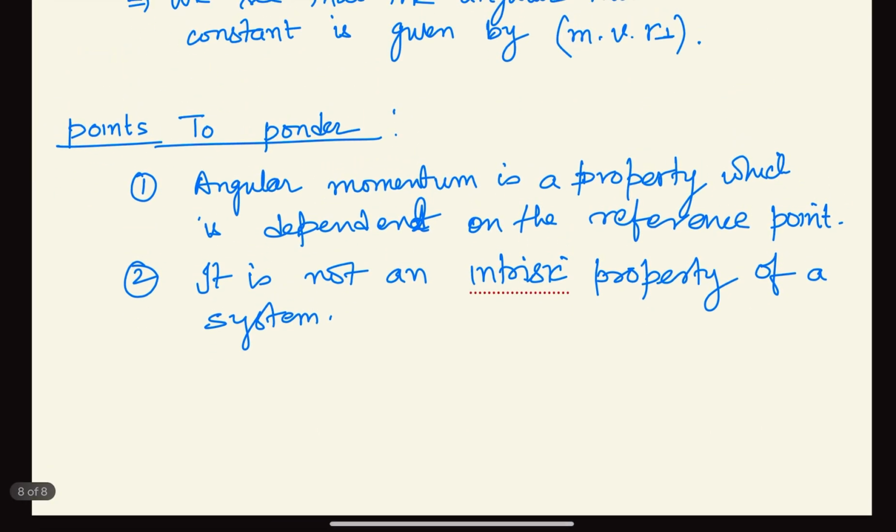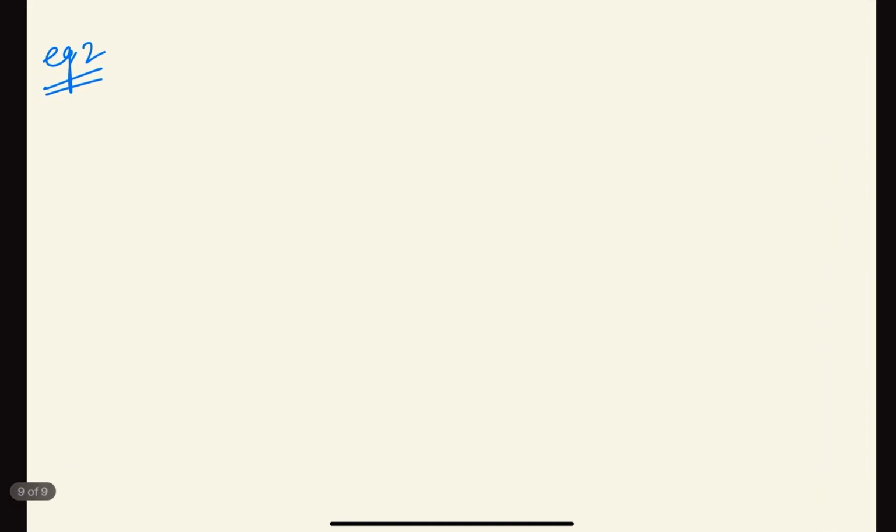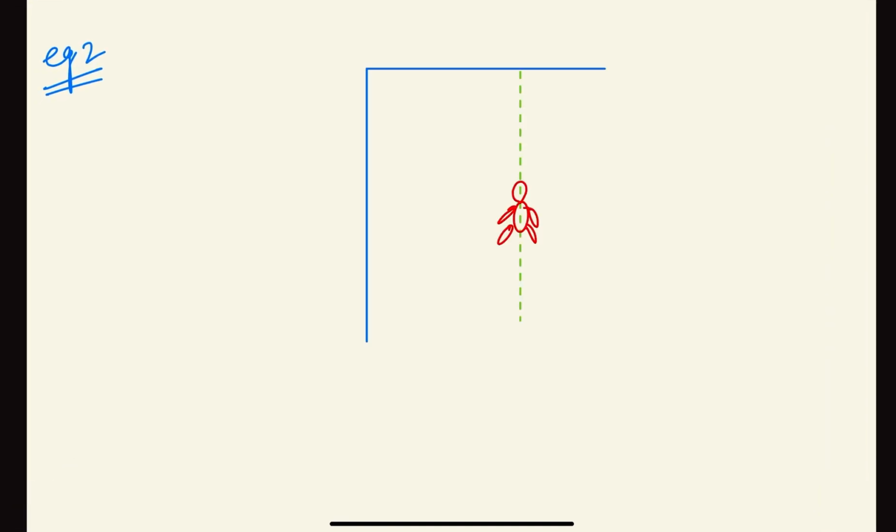Example, I'll take the penguin example once again. My penguin is once again falling vertically downwards with a velocity v. m is the mass of the penguin.